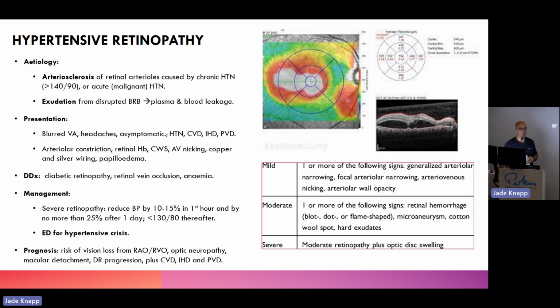And then you've got your systemic risks as well: cerebrovascular disease, CVD, ischemic heart disease, peripheral vascular disease, and so on. So there's ocular concerns and systemic concerns.